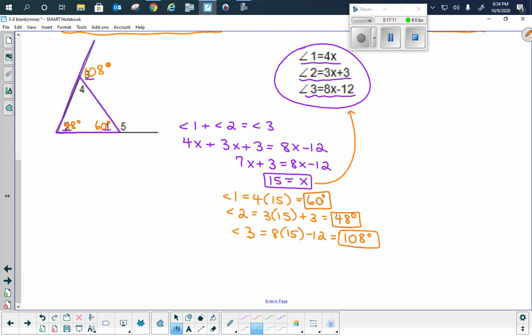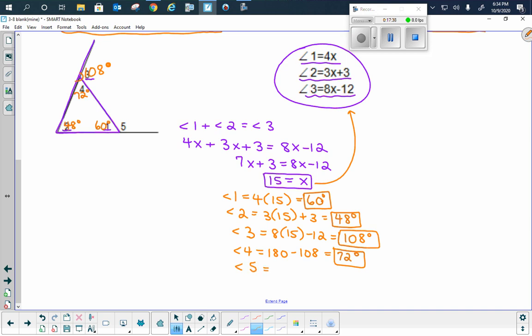And then the others are based on what you know. So angle 4. Well, angle 4 is a straight angle with angle 3. So you should be telling me it is going to be 180 minus 108 since they asked you for equations. And we will get 72 degrees. Put 72 degrees in the picture. And then angle 5.